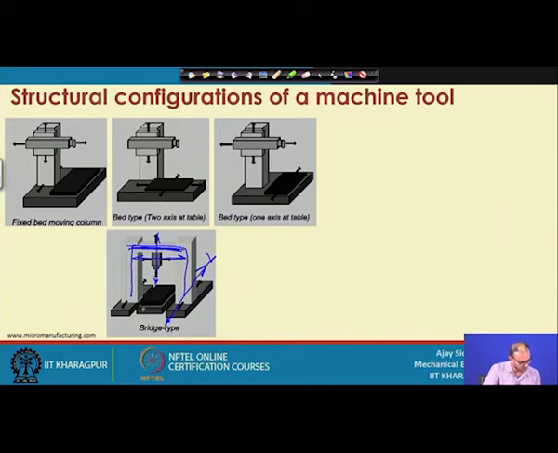So, here you can also see that the workpiece is independent of the movement of the y axis. So, this construction is also very popular in machine tools.